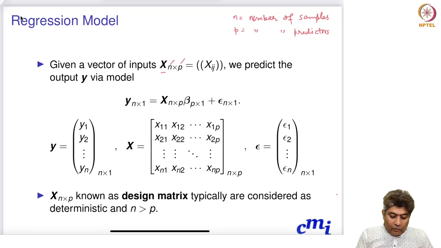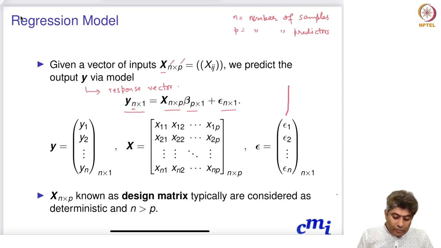And y is the response vector. Okay, so this is our model, y equals X beta plus epsilon. Our response vector y is a vector of size n, and this is a standard model.